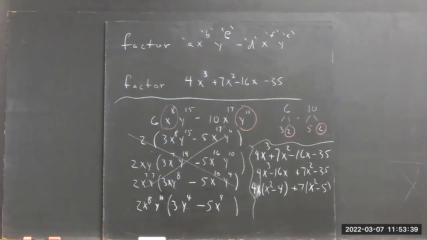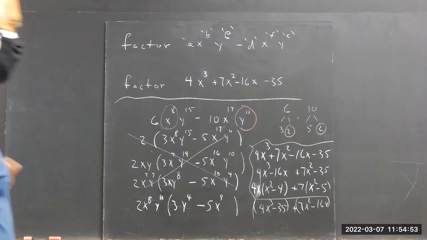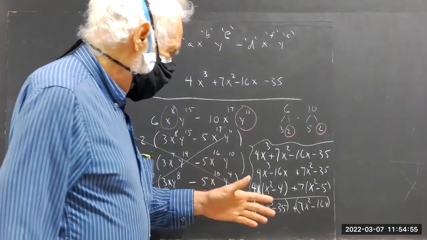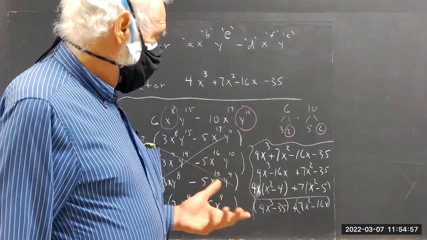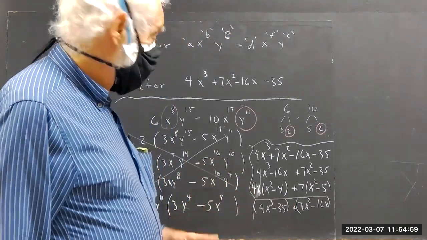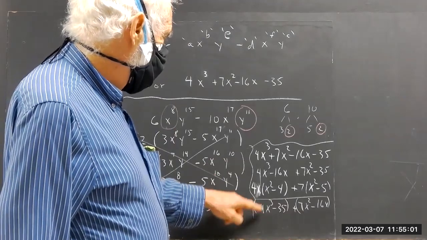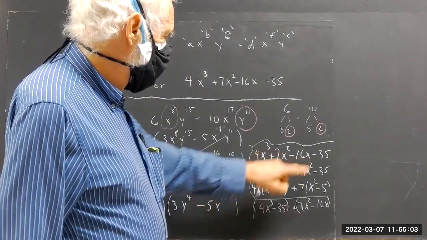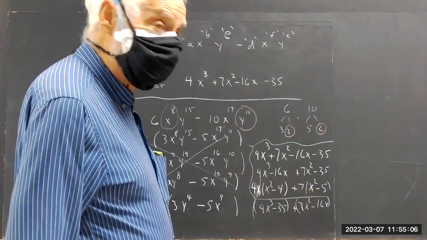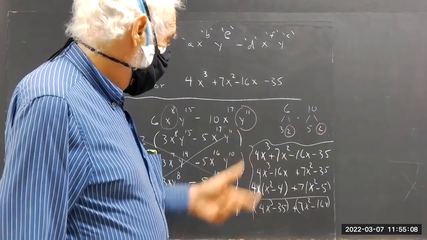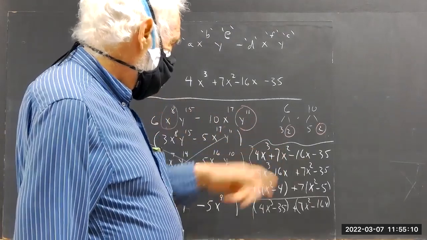I just mentioned when you do factoring by grouping, there are different ways you can group this. Like the 4x cubed could have been grouped with the 16x, which we did, and we got somewhere, a little bit of progress, but it didn't work out.